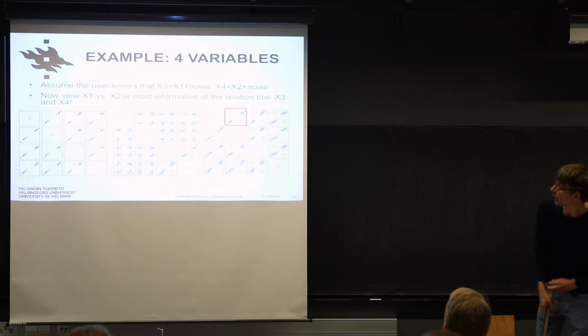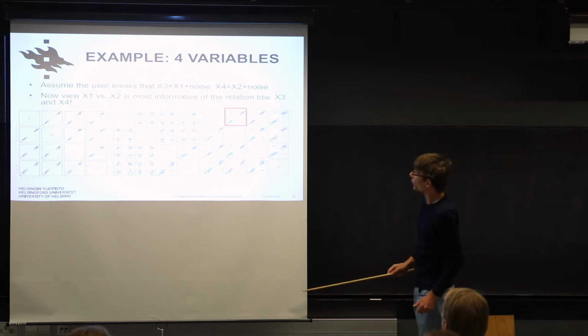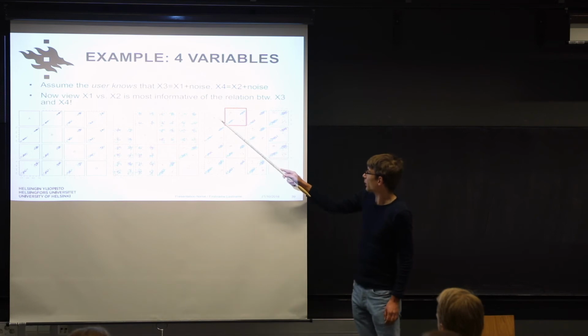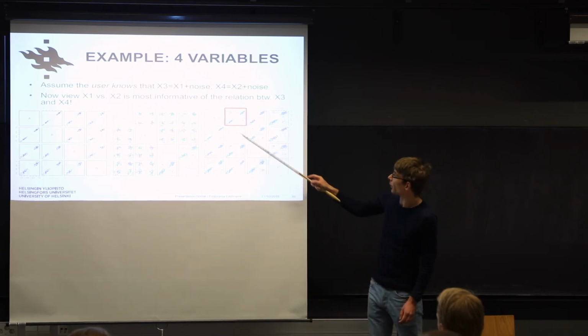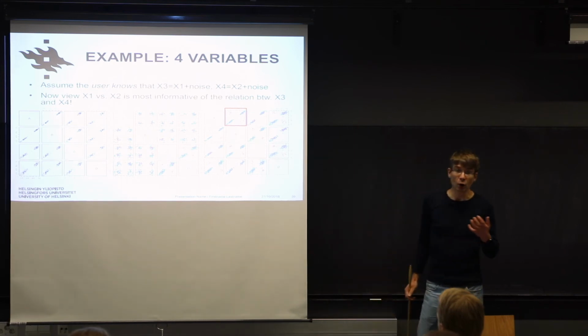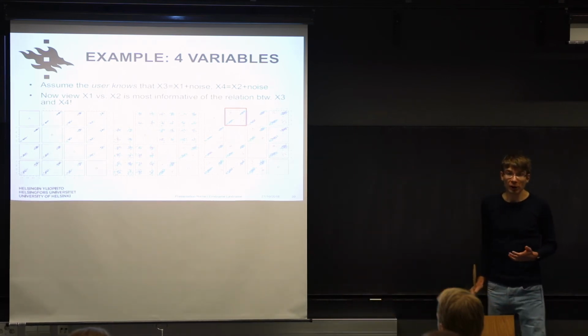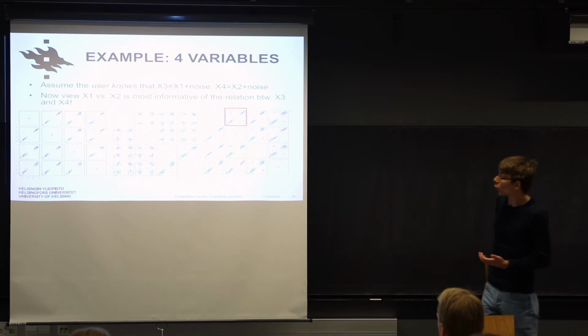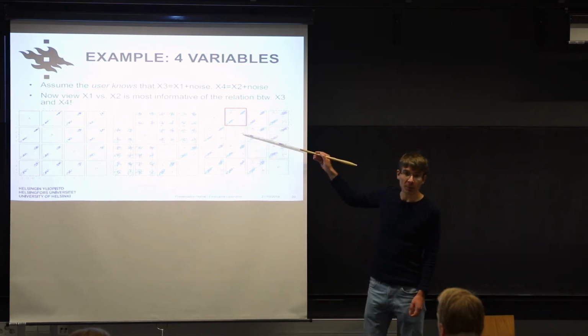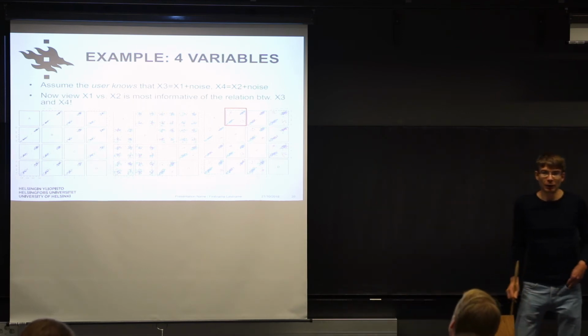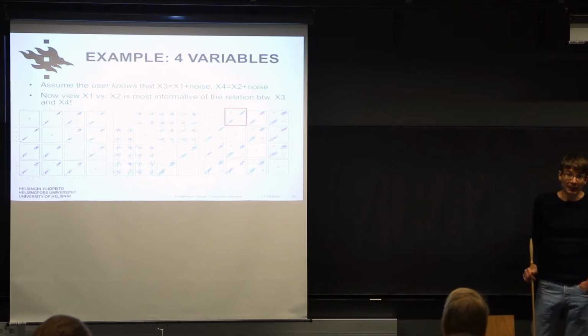But now if the user actually knows that C is A plus noise and D is B plus noise, and this is encoded as tiles in the background knowledge, then if we present the same question, the plot of A versus B is actually the most informative of the relation of C and D.